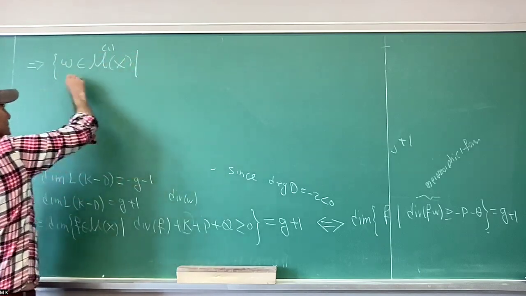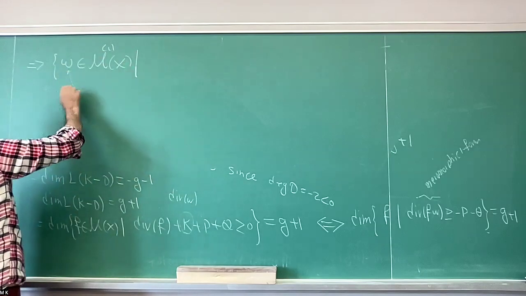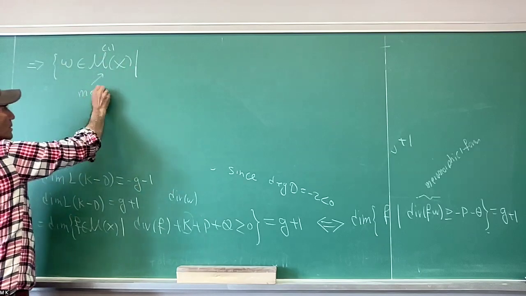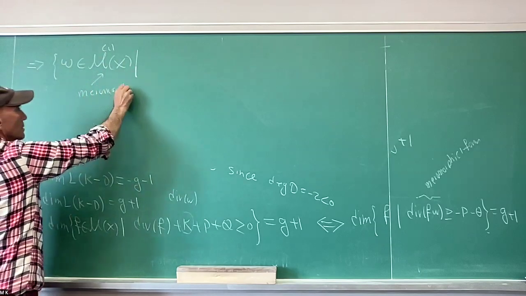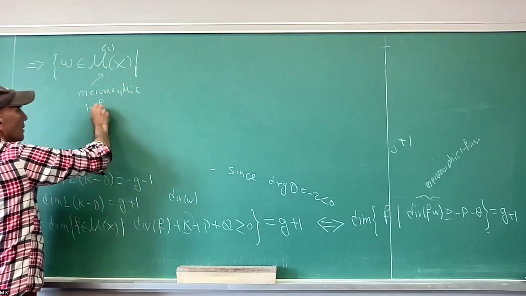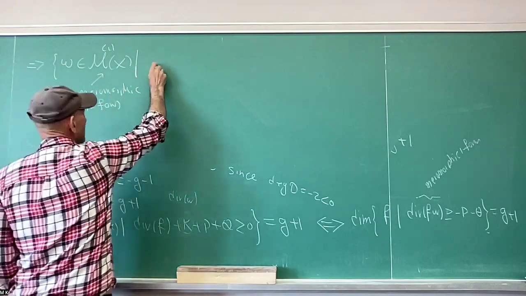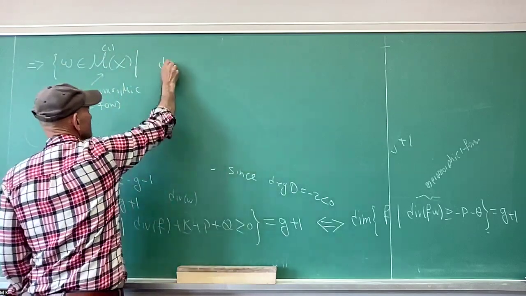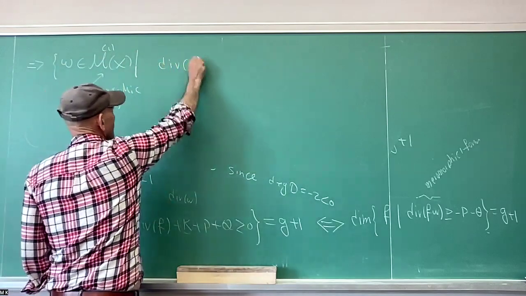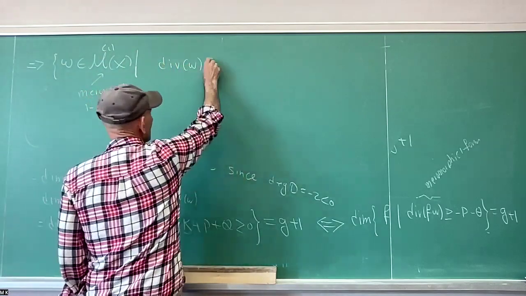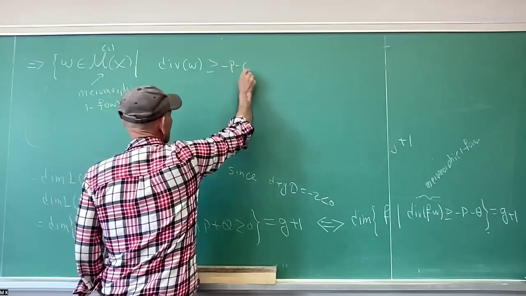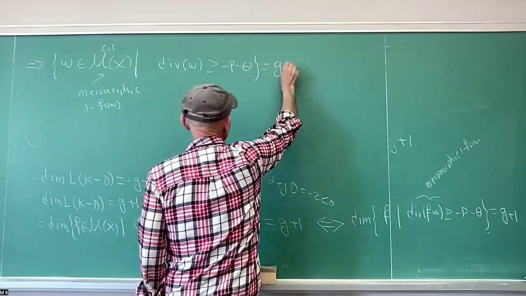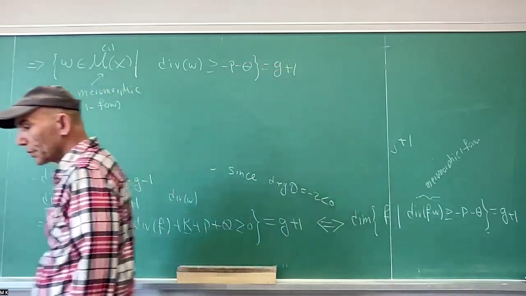Omega of x, this is the space of meromorphic one forms, such that divisor of omega is bigger than or equal to minus p minus q. I mean, this dimension is equal to G plus 1. Okay?